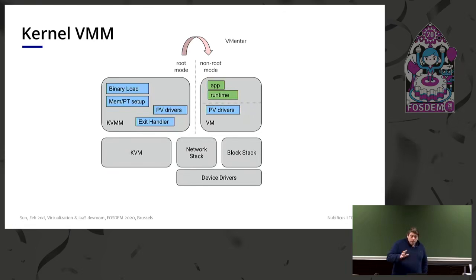This is all in kernel space, so there is no mode switch. On the VM exit and on VM enters, there is nothing that would interrupt the execution. The VM is running on the right part of the graph, and the PV drivers are interfacing with the VMM in the Linux kernel. So there's only a root mode to non-root mode switch.